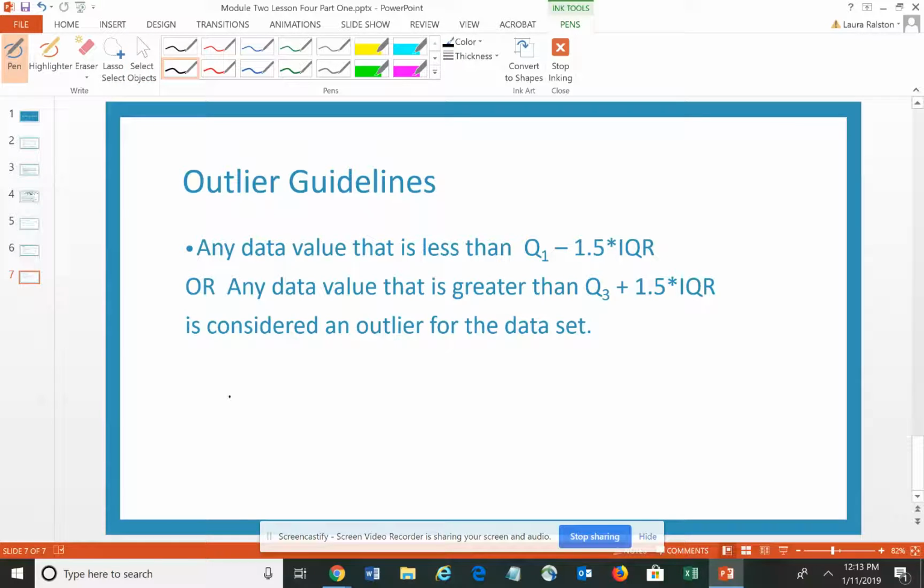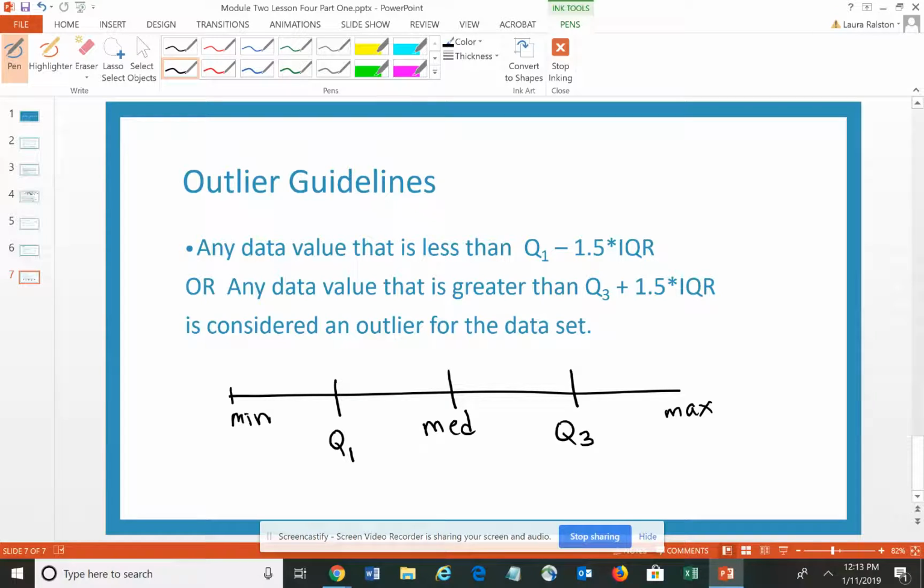So again, you would have your data set divided up so that you have your minimum, your maximum, and then you have your data set divided into 4 equal parts so that you have quartile 1, the median, and quartile 3. Now, using these formulas, you're going to calculate from Q1, Q1 minus 1.5 times the interquartile range.